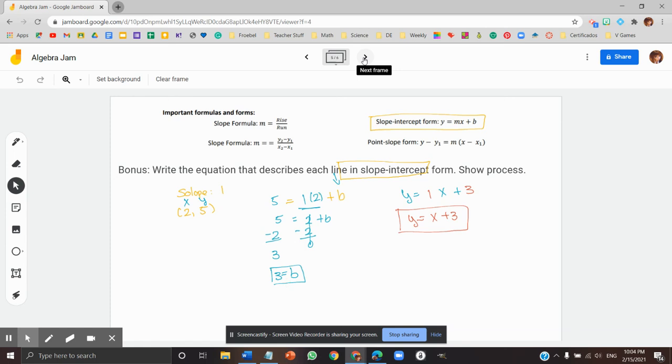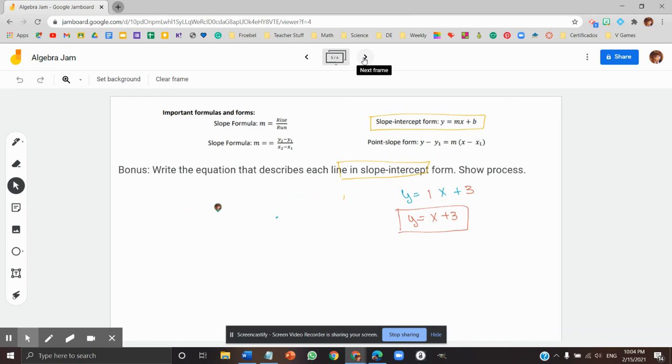What if they're not giving me this? What if they're just giving me some intercepts? Well, let's say that instead of giving you a slope and a point, I give you 2 intercepts.